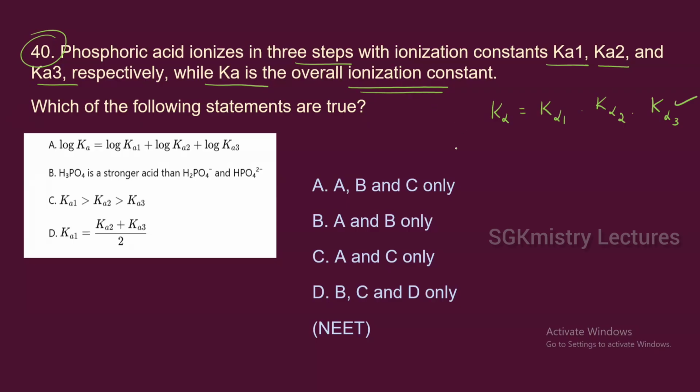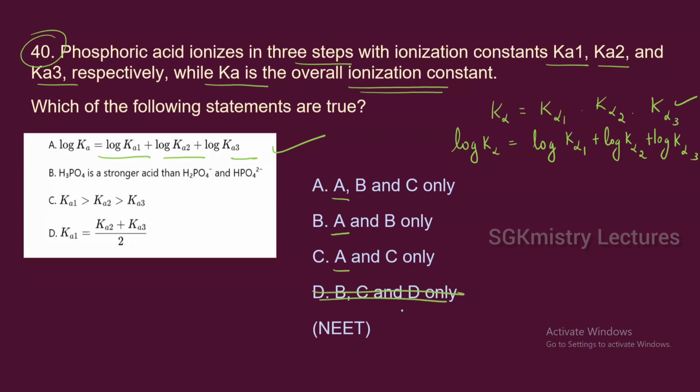Now, when I take the log of this, I can write log Ka is equal to log Ka1 plus log Ka2 plus log Ka3. Look at the options given. Ka is the product of all of these ionization constants, so if I take the log, log Ka is the sum of the logs. So option A is correct. Option A is here, here, and here, so I can remove this option.